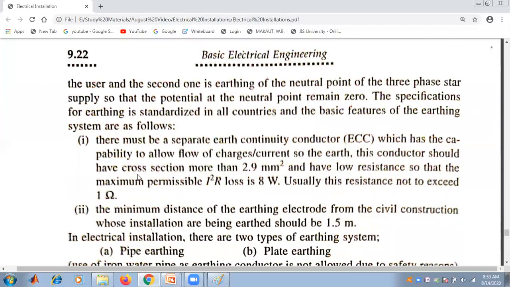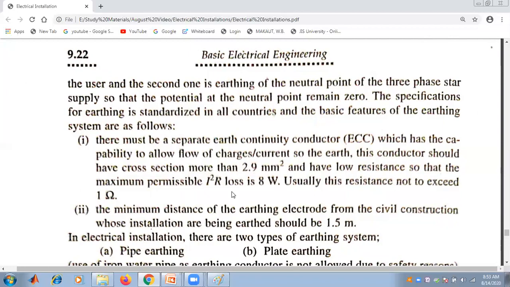This conductor should have a cross section of more than 2.9 millimeter square and have low resistance so that the maximum permissible I square R loss is 8 watt. Usually, this resistance does not exceed 1 ohm.